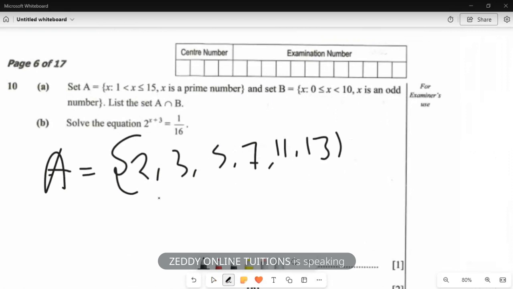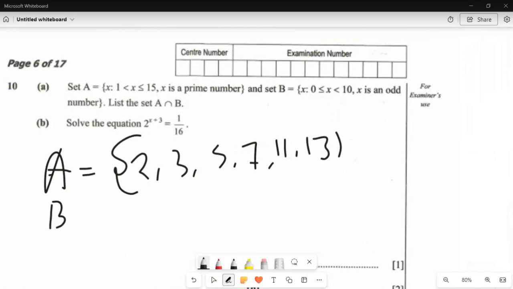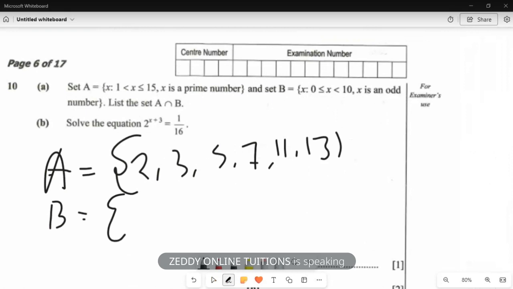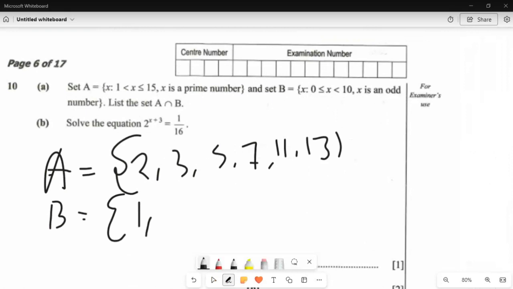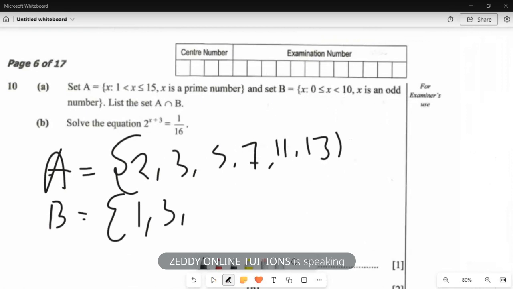So let's go to odd numbers between 0 and 10. 1 is an odd number, right? 3 is an odd number. What else? 5.